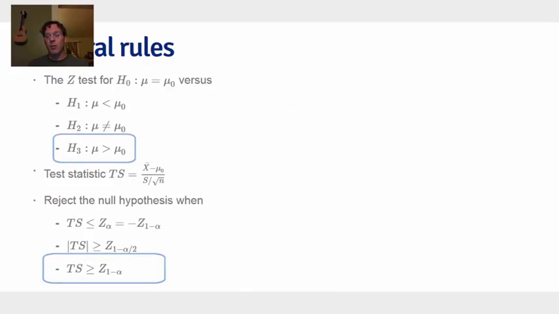If we want to reject if our test statistic is too large, in other words, if we want to test this third hypothesis that mu is greater than mu naught, we would want to pick a quantile so that the probability of being larger than it is alpha. So that is, if the test statistic is normally distributed, it would be z sub 1 minus alpha.